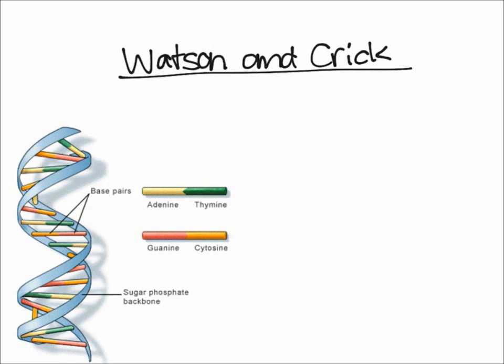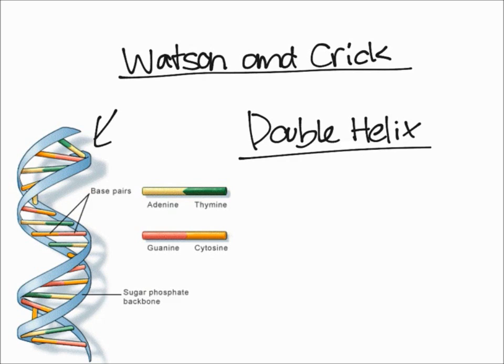And so as you can see right here, the DNA structure looks like a twisted ladder, and that's called the double helix. And so what's located on the outside in blue right there is sugar and phosphate.